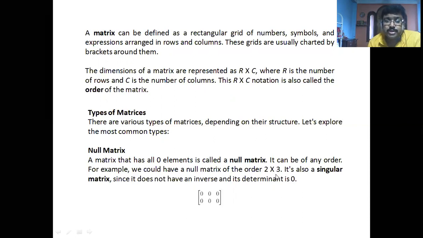It is also a singular matrix, since it does not have an inverse and its determinant is 0. If a matrix does not have an inverse and its determinant is 0, then we call it a singular matrix.